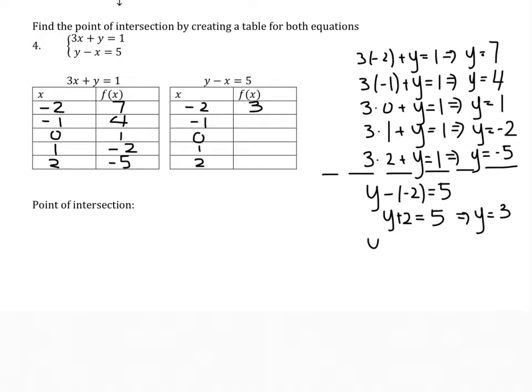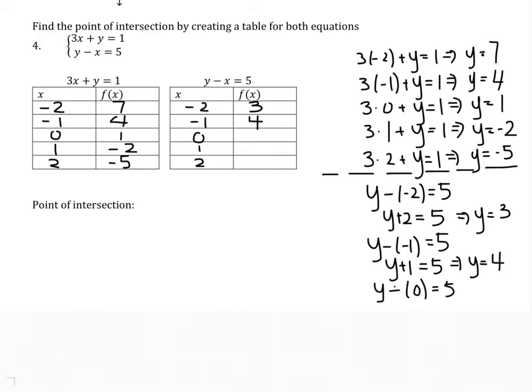Next, we have y minus -1 equals 5. So y plus 1 equals 5. That means my y is going to be +4. Next one is my favorite, the y-intercept point. So y minus 0 equals 5. So my y equals 5.